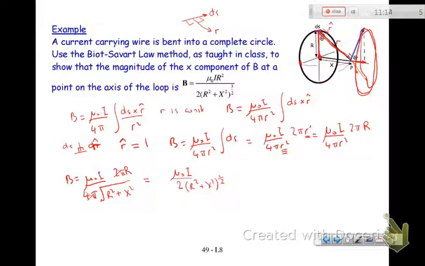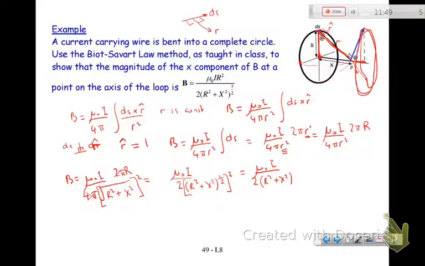It's the square root squared. Yeah, but there's a plus there. Oh, I see. So now, yes, you're perfectly right. Shame on me. Did I make that mistake down there as well? Yeah, squared, isn't it? Because it's r squared. So then that squared, so that's going to be mu naught I over 2. And it's going to be R squared plus x squared.